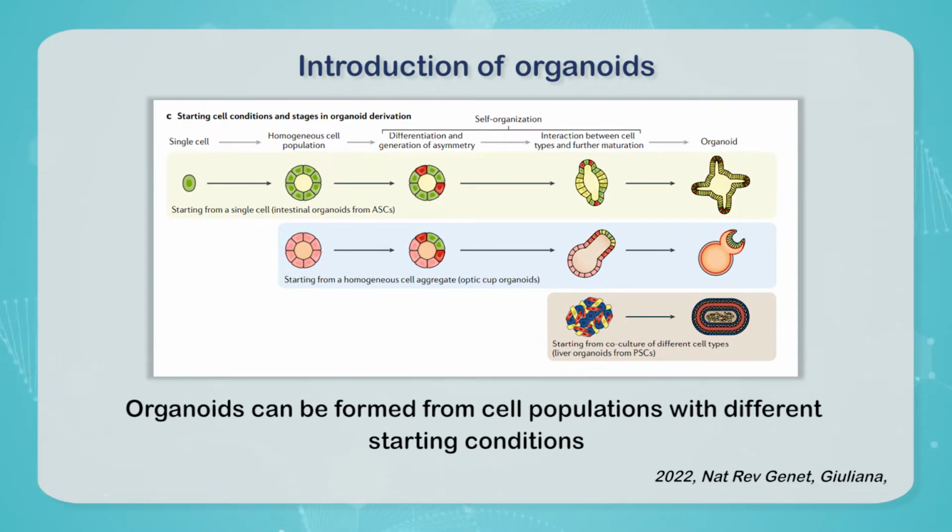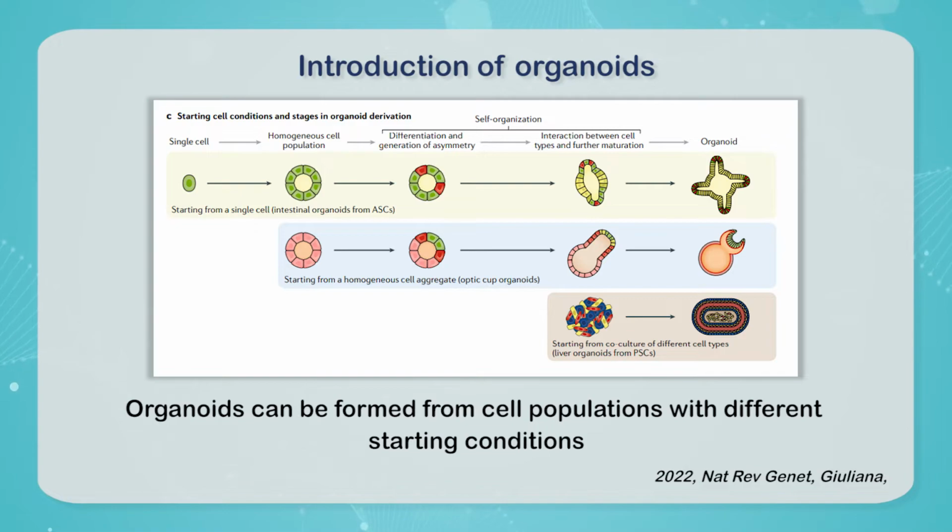Thirdly, organoids can be formed from cell populations with different starting conditions. Examples of an organoid protocol starting from a single cell or a homogeneous multicellular ensemble such as optic organoids, and a heterogeneous co-culture of different cell types such as liver organoids are shown here.